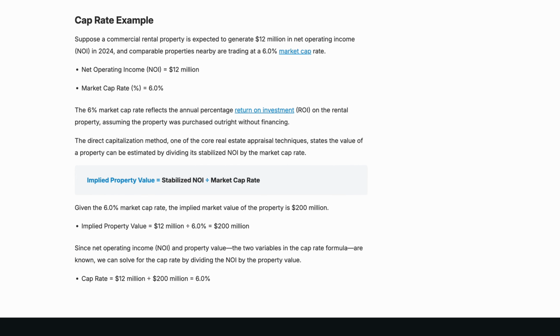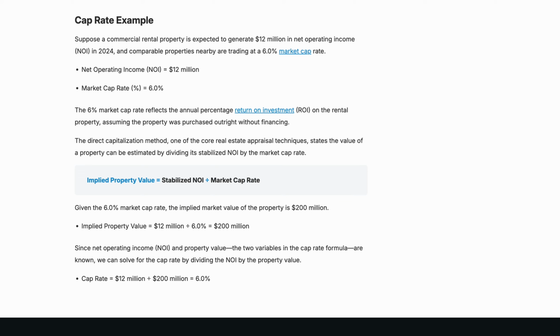Now let's discuss cap rate through an example. Suppose a commercial rental property is expected to generate 12 million in net operating income in 2024, and comparable properties nearby are trading at a 6.0% market cap rate.